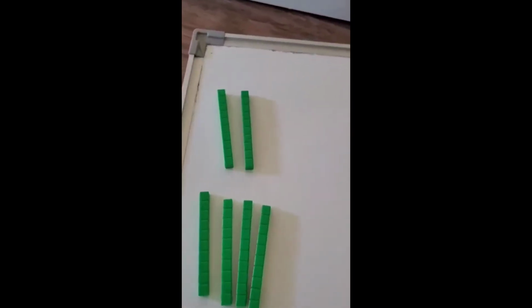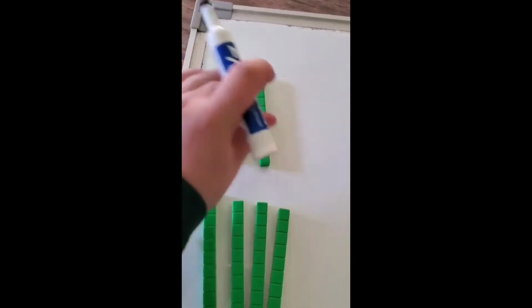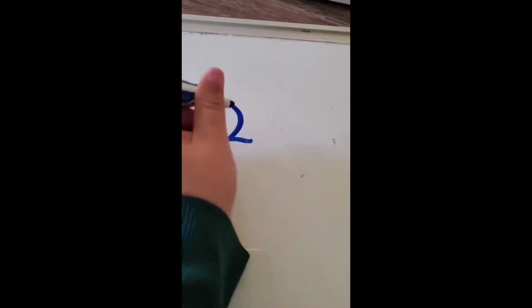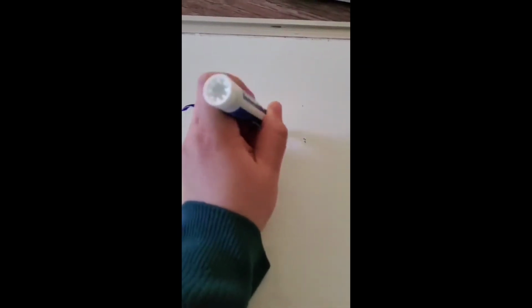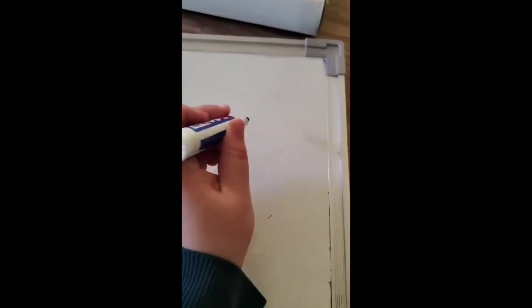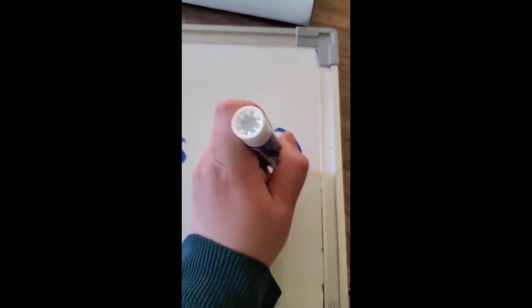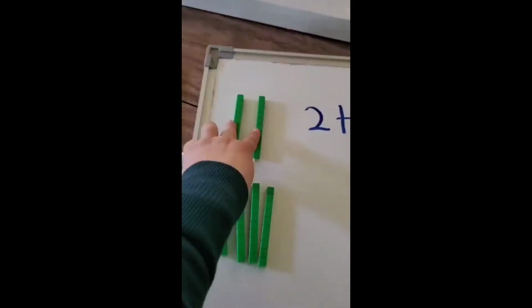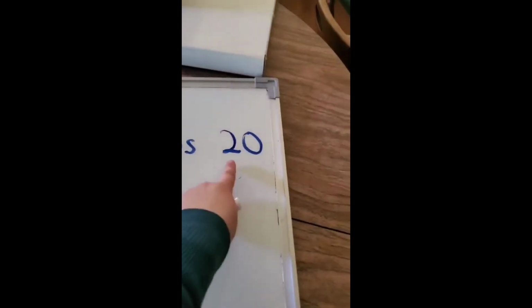Okay, so I have 2 rods here, and 2 rods equals 2 tens, which is also the same as the number 20. Okay, so 2 rods is equal to 2 tens and 20 units, remember?